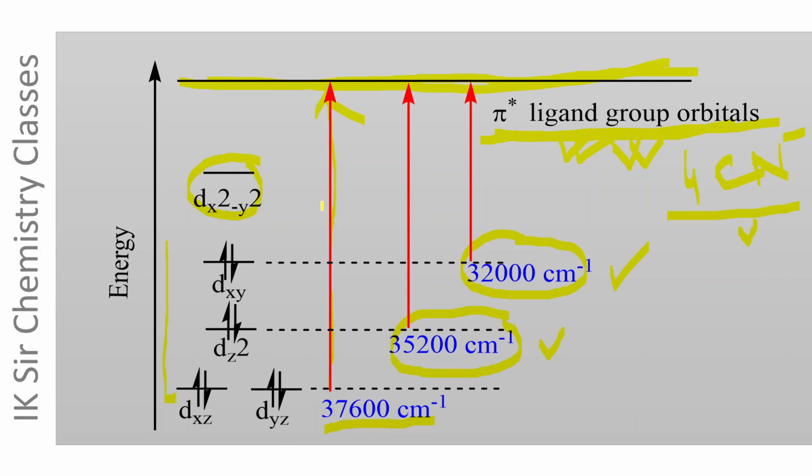All these charge transfer transitions involve the transition of electron from filled d atomic orbital of metal to vacant pi star ligand group orbitals of the ligand, and hence this type of electronic transition is called metal to ligand charge transfer transition.